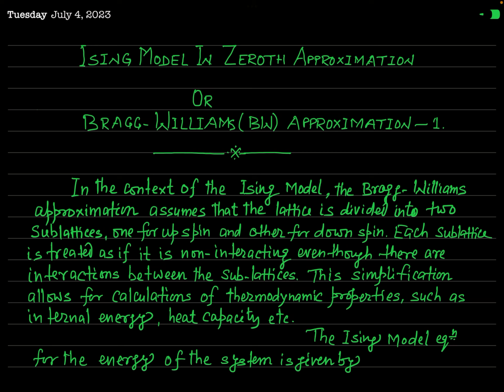In fact, when you talk about the Ising model in this context, Bragg-Williams approximation assumes that lattice is divided into two sub-lattices. Okay, and in these two sub-lattices, one is for up spin and the other is for down spin. That is, one is for +1 spin state and another is for -1 spin state. Okay.